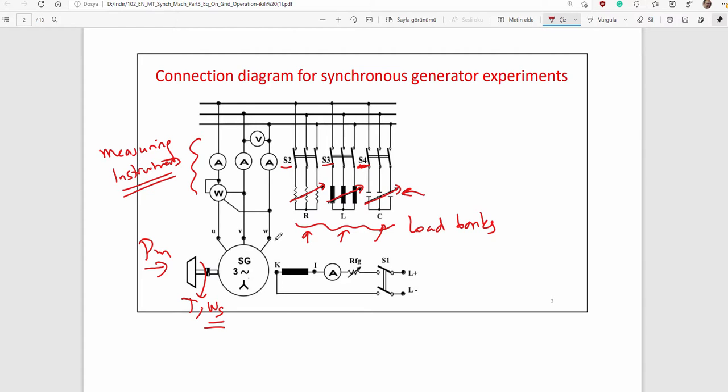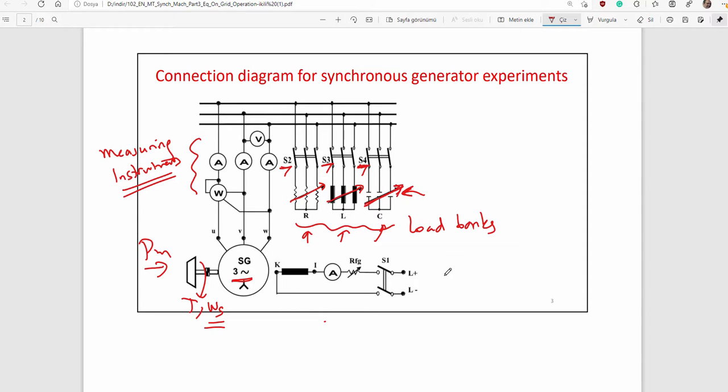If you want to conduct something with pure capacitive load, please switch off S2 and S3, only switch on S4. In such a case, generator will be loaded by only capacitive loads. The other ones are similar.